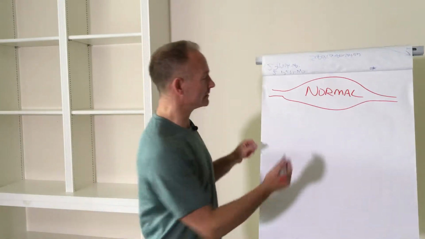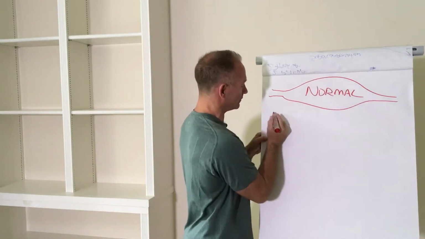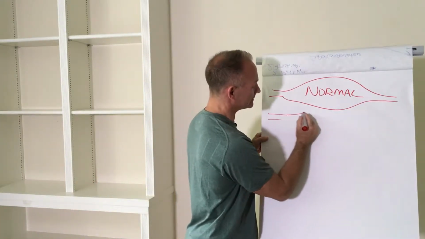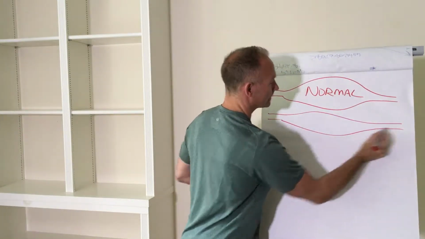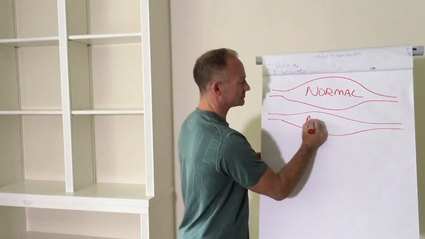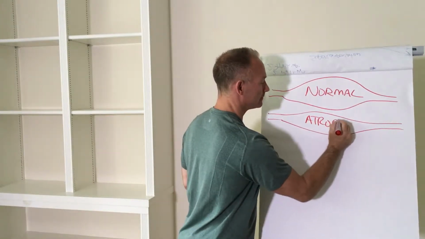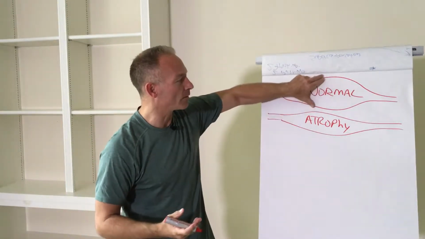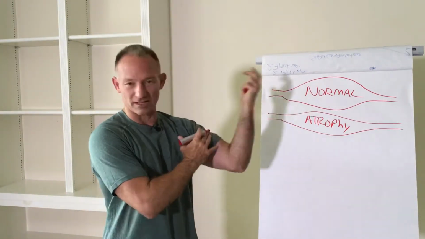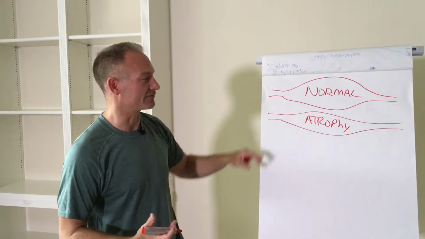It gets smaller, and so what then this tissue would look like would be something like this. And now this is an atrophied muscle, right? So a normal muscle, big, full, plump, nice, juicy steak, right?